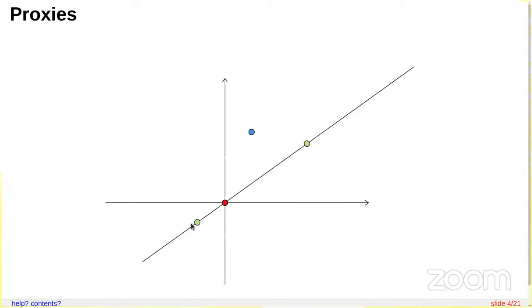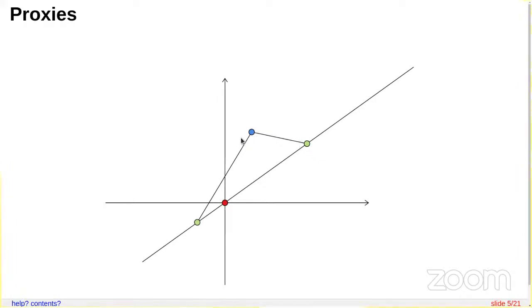So then the question becomes, how do we choose these proxies? Among these two proxies for this blue point, which do you think is better? The one in the first quadrant. Okay, the one in the first quadrant. Why is that better? Because the length is less.